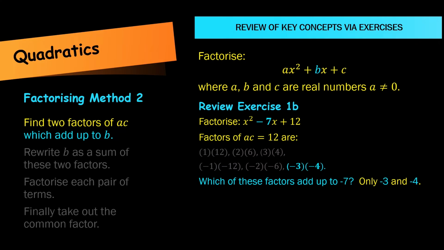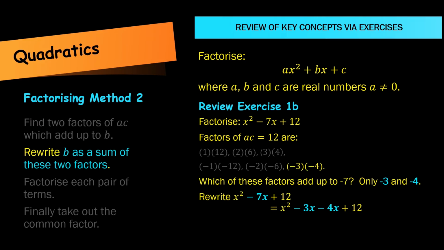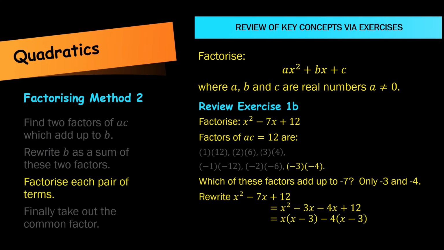Only minus 3 and minus 4 satisfy this property. So let's rewrite x squared minus 7x plus 12 as x squared minus 3x minus 4x plus 12. And then factorize each pair of terms as shown.